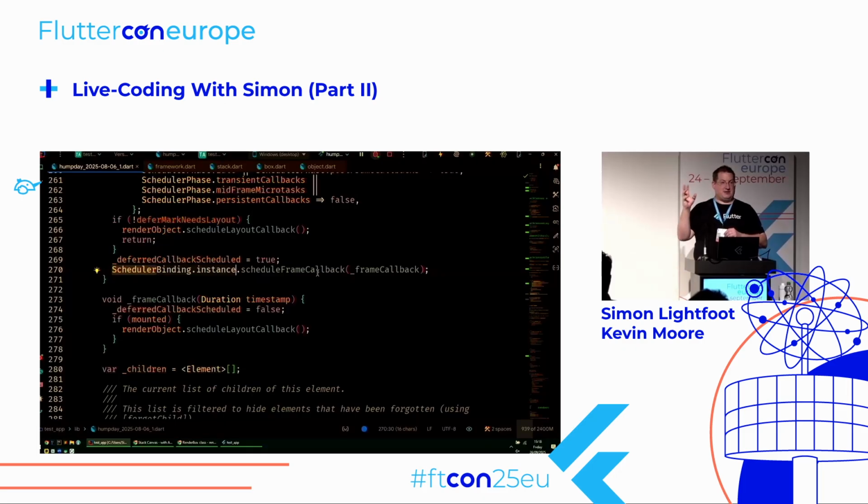You don't want animations to take place and have the screen rebuild when it's not visible on the screen. So again, you can use ticker mode and offstage to stop layout and paint and animations taking place. One more thing, ticker mode is really useful for widget tests if you have pump and settle. Oh yeah, to skip the animations. Yeah.